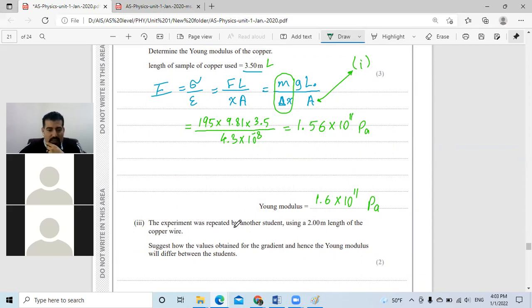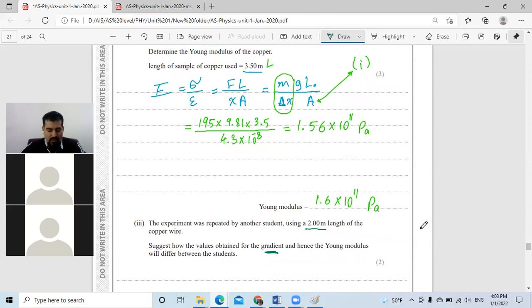The experiment was repeated by another student using a 2 meter length wire, not 3.5, 2 meters. Suggest how the value obtained by the gradient, number one, and hence the Young modulus will differ between the students or not.